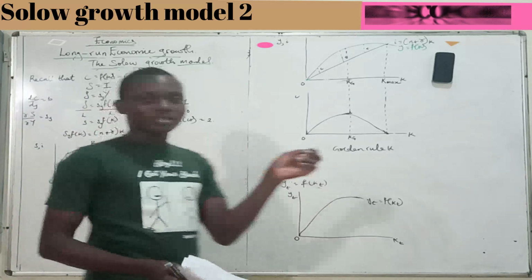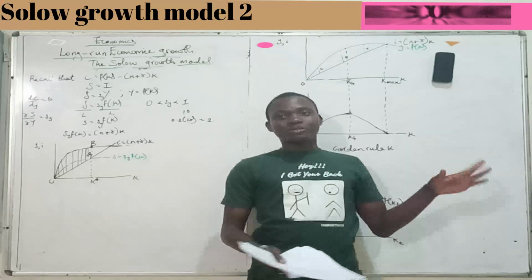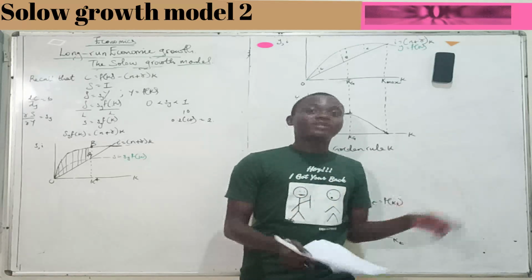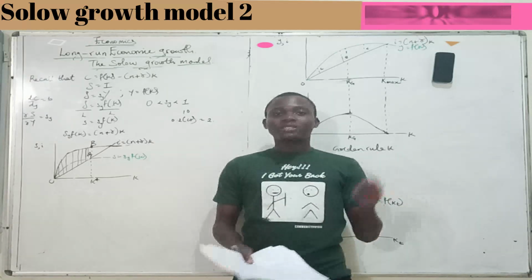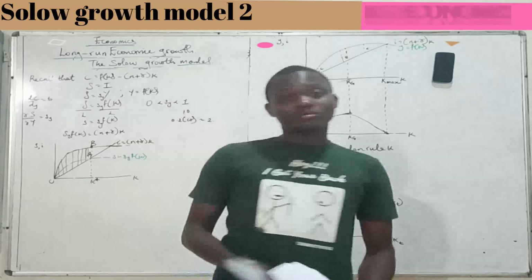So that means economies will reach a steady state. Which means that a point will come for every economy where there would no longer be the possibility of an increase in standard of living.